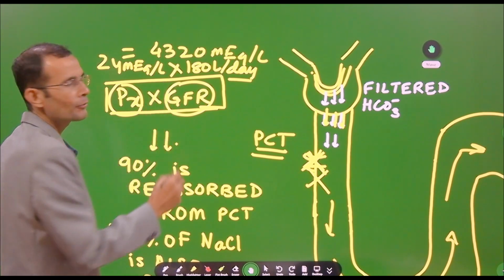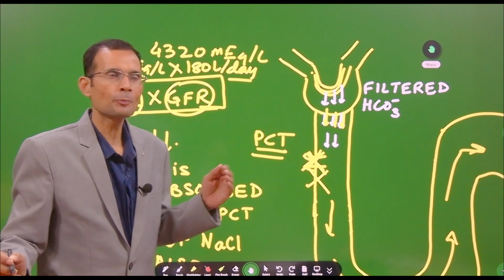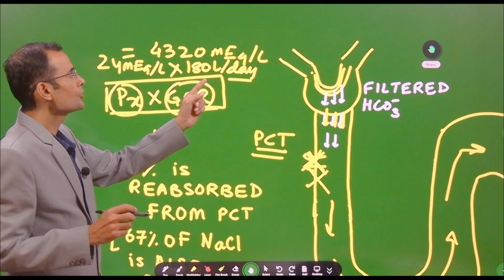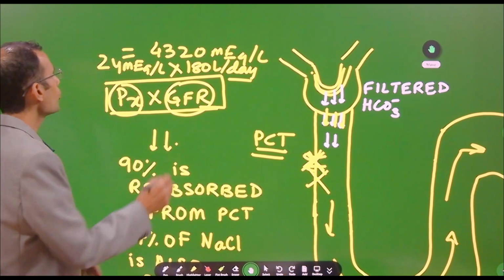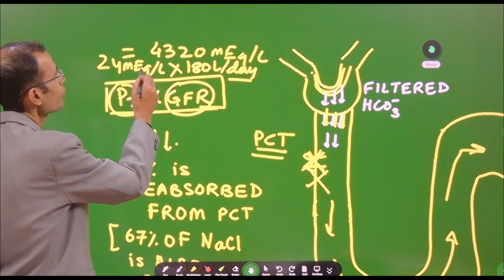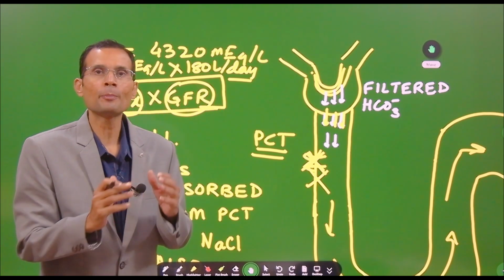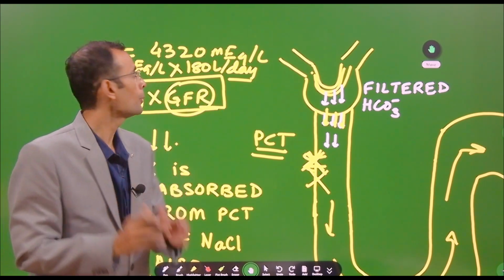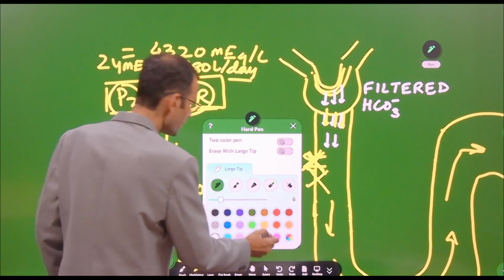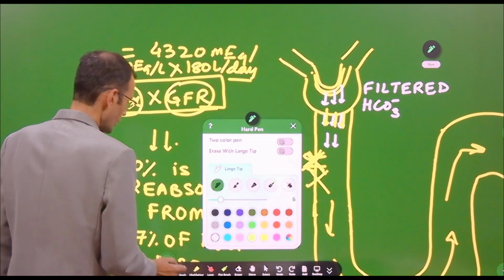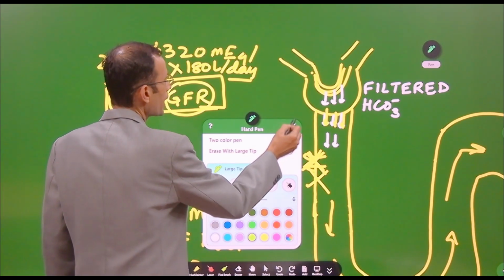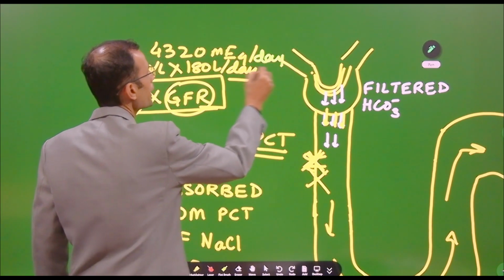The plasma level of bicarbonate is 24 milliequivalents per liter and GFR is 180 liters per day, and therefore 24 into 180, 4320 milliequivalents of bicarbonate are filtered per day. Just a correction over here: this much is the total bicarbonate filtered, and the reabsorption is nearly all of it every day.